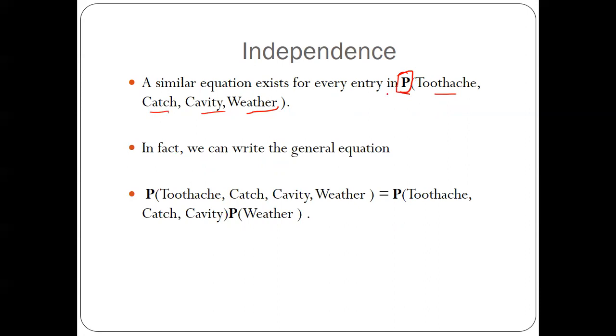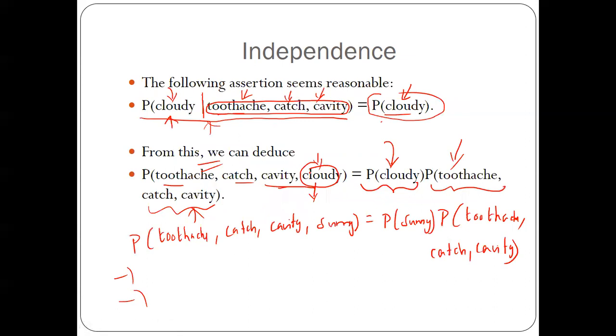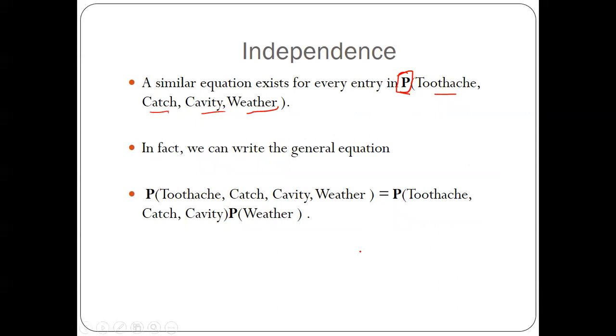Now it provides for all the values for weather: it will provide this equation for cloudy, for sunny, for windy, and for rainy. Okay, right? So in fact, we can write the general equation something like this. Probability of toothache, catch, cavity, comma, weather is equal to probability of toothache, catch, cavity into probability of weather, right?